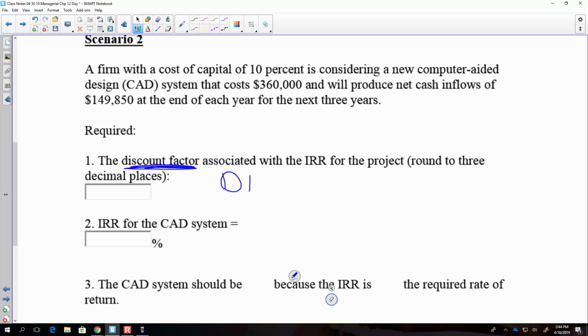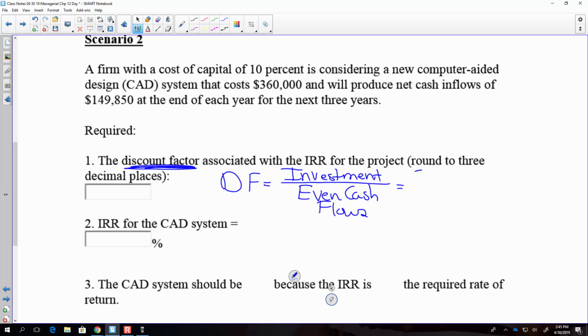All we're looking for is the discount factor. The DF is equal to the investment divided by the even cash flow. This only works if the cash flows are even, and we do have that situation here.